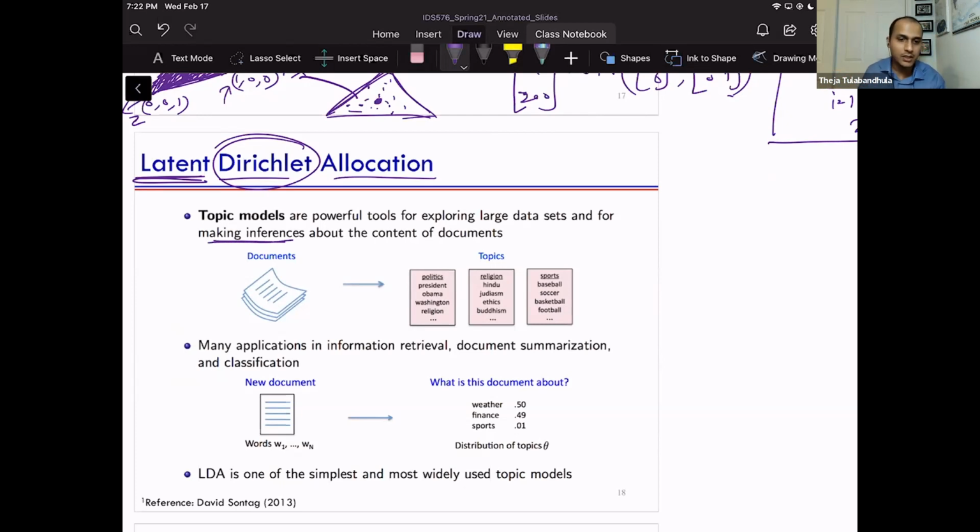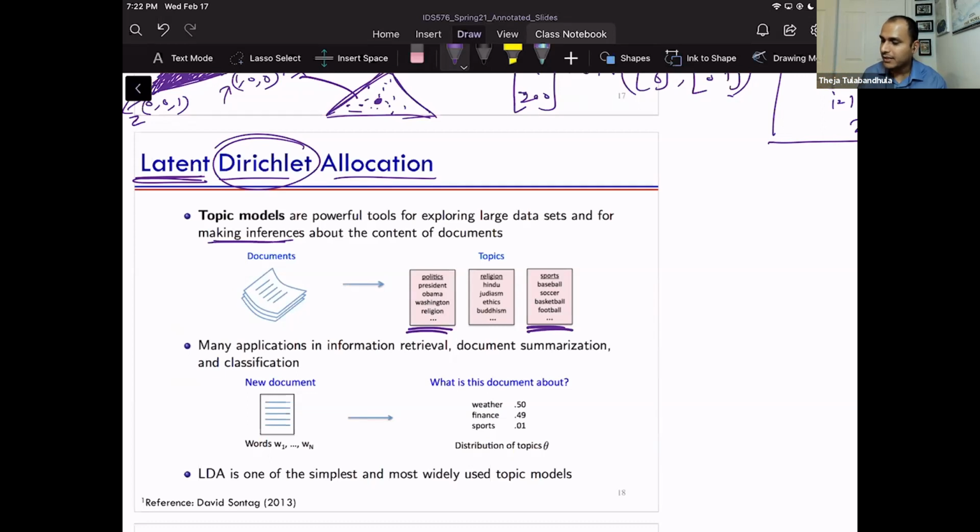The content of documents is generally words, and you can get some sense of, say, if I have 1,000 documents, 500 of these documents have a certain type of information going on with them. It's all related to one topic, and there are some other topics related to sports and so on. So you can make sense out of it in an unsupervised way.